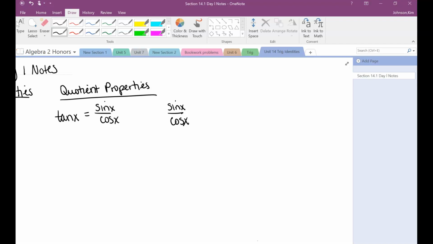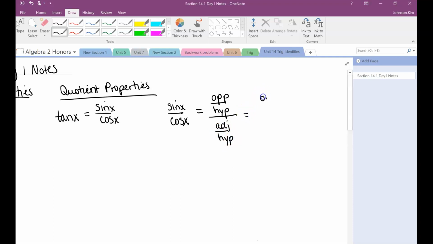So sine of x over cosine of x, if I think about this as ratios in a right triangle, sine of x I can rewrite as the opposite side over the hypotenuse. And cosine of x I can rewrite as the adjacent over the hypotenuse. Then I'm going to simplify that fraction.